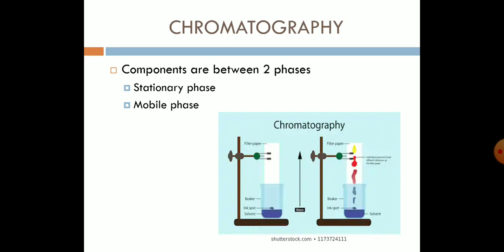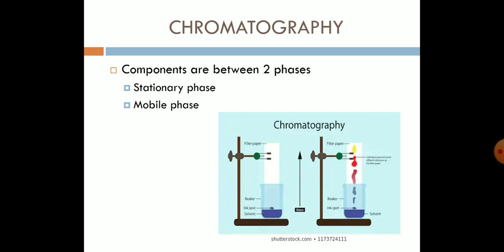Chromatography is a different separation technique where you have two phases. One is a stationary phase, the other one is a mobile phase. I am going to put a paper, called chromatography paper, inside this mixture. The particular pigments, or colors, will get attached to the paper, and the remaining liquid is left off.